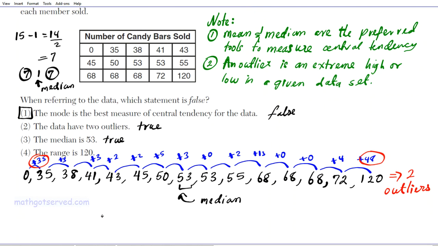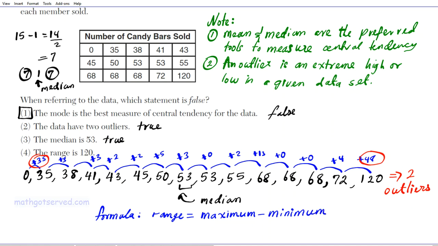So for that, if you want to compute the range, you just simply determine the difference between the maximum of the data set minus the minimum, and that will give you your range.